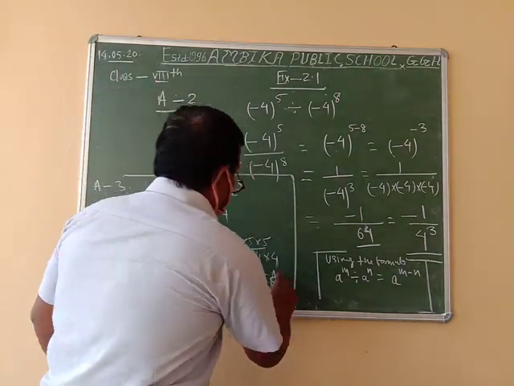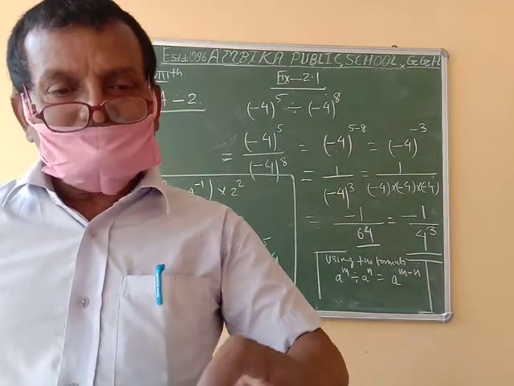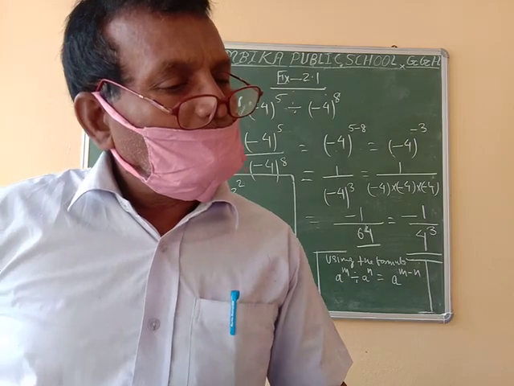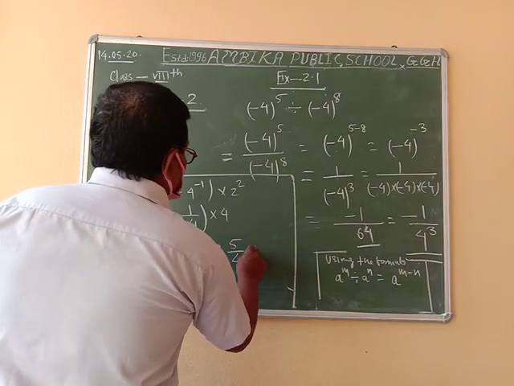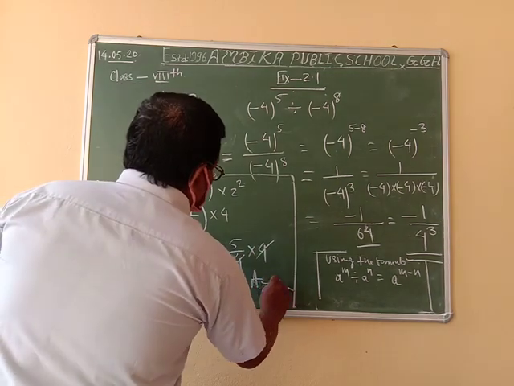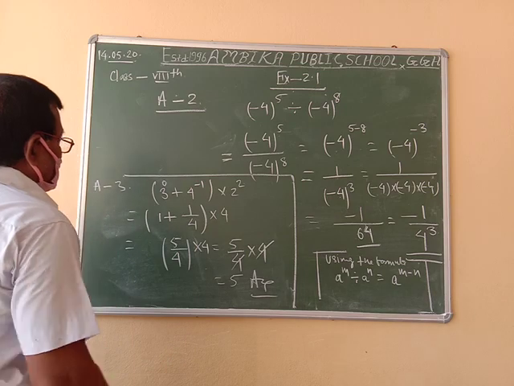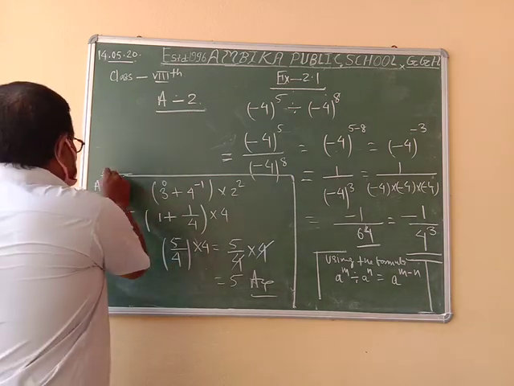Answer. Find the value, which is equal to 5 by 4 into 4, which is equal to 5. Similarly, you will solve all the questions.